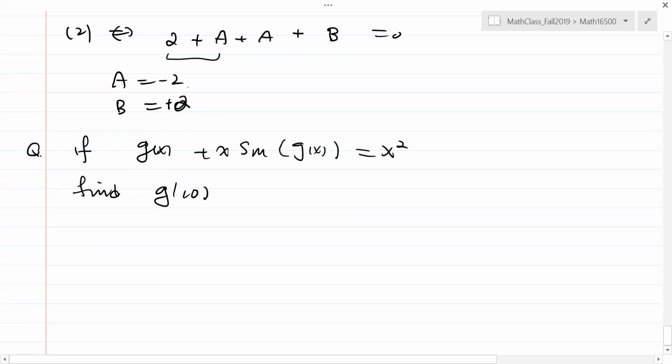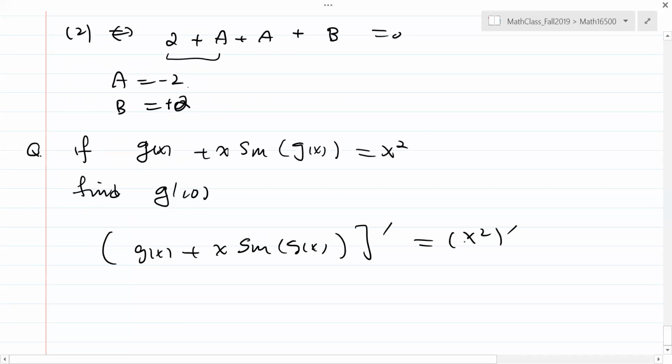Now, what does that mean? You differentiate both sides with respect to x, okay? This means the derivative with respect to x.